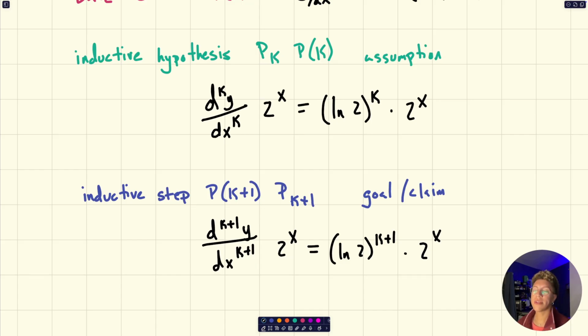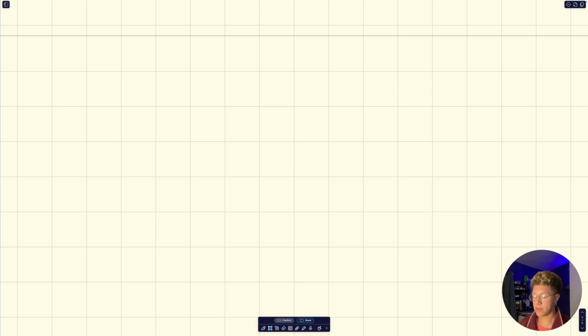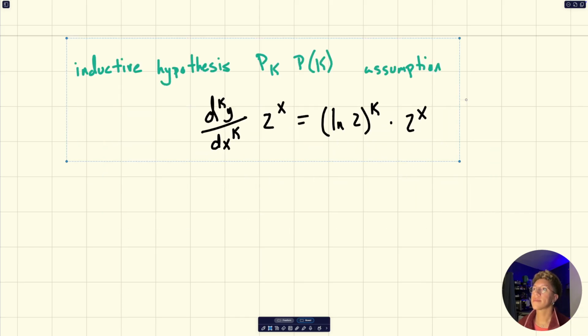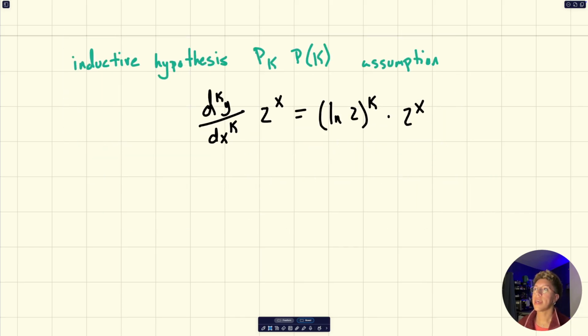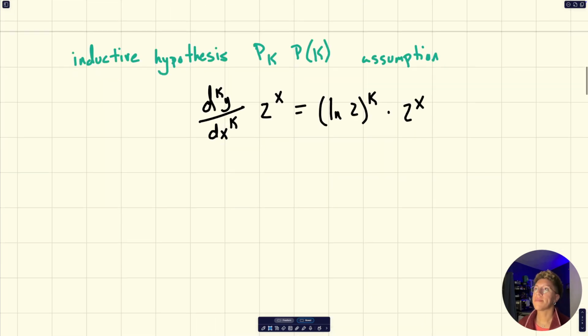In this case, we're going to do a little bit of algebra and a little bit of calculus. So let's put our inductive hypothesis at the top to start out. So I'll put this all on a new page. And we'll grab our inductive step and put that at the bottom of the page.